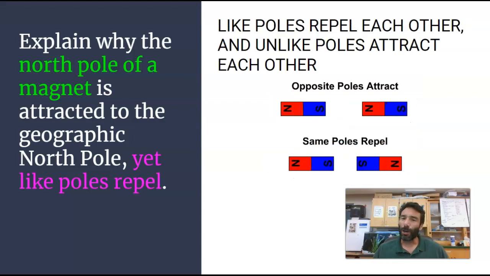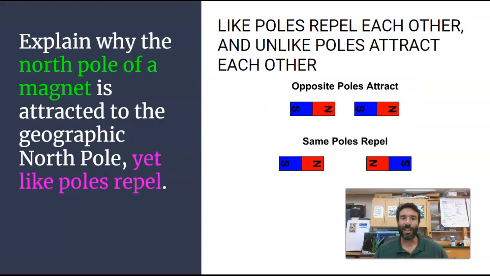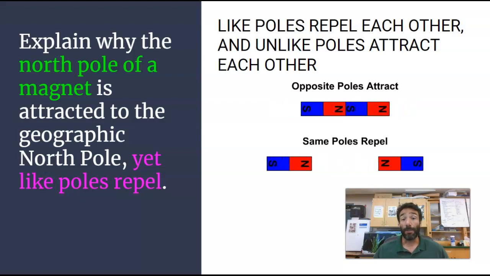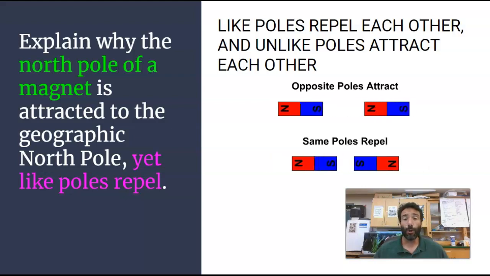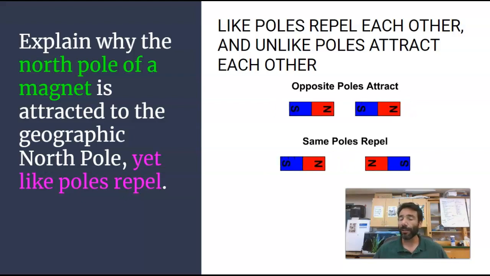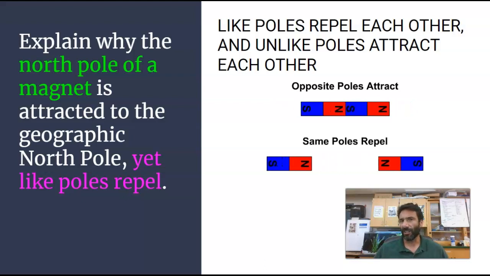Okay, let's look at the part about repelling. Well, this should sound familiar because it's a lot like electric charges. Opposites attract and like repels. Except now instead of positive and negative, we're talking about north and south. We don't want to confuse the two things, like north is not positive or negative. They're different.